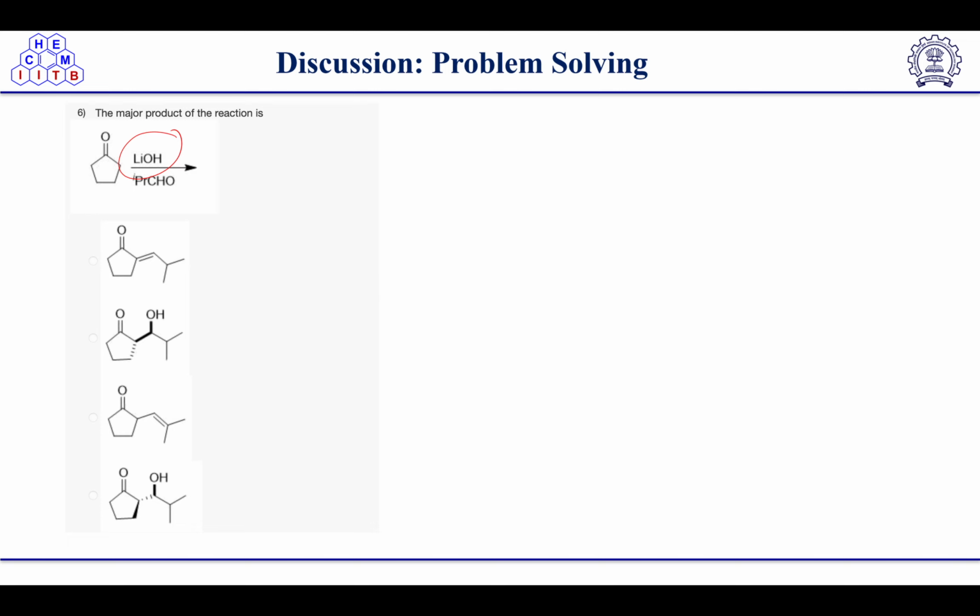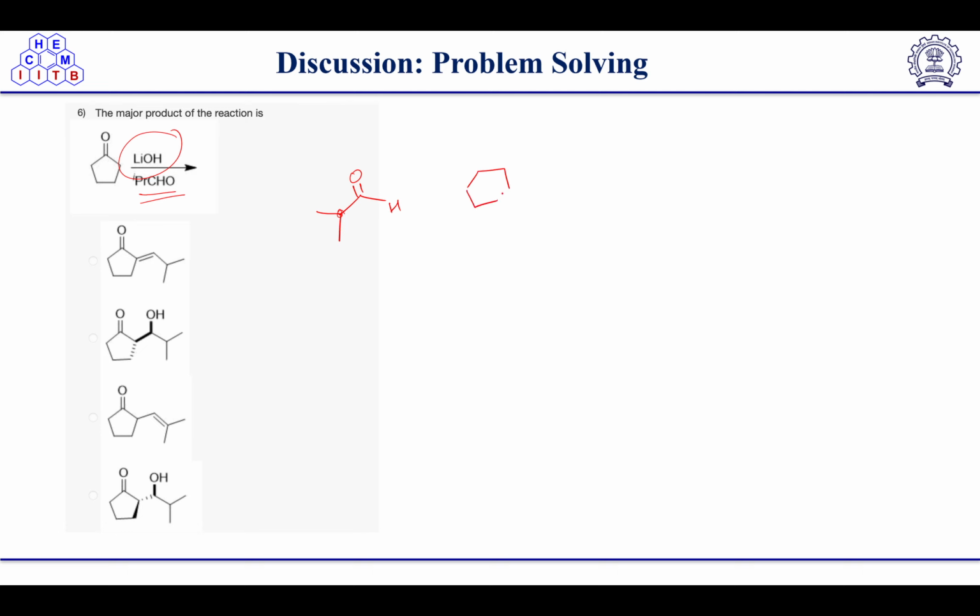Now here find out the major product of the reaction. Again we have base and the other group is isopropylaldehyde, which is this. All of you got this one? And we have here lithium hydroxide as a base. Okay. So as you can see here, this is a very hindered site.